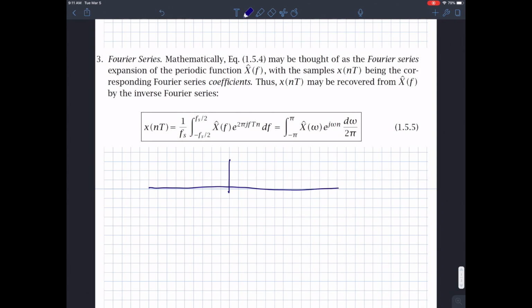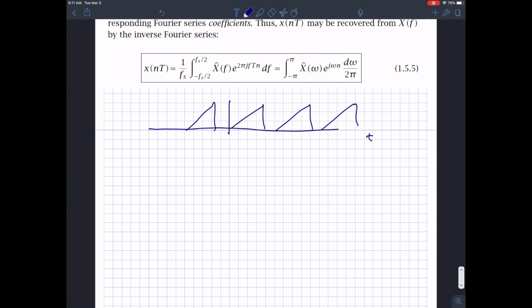Okay, so let's say I had something periodic. Just draw some periodic waveform. Okay, if we were going to represent this periodic signal in frequency, one of the things we do is look at the Fourier series coefficients.